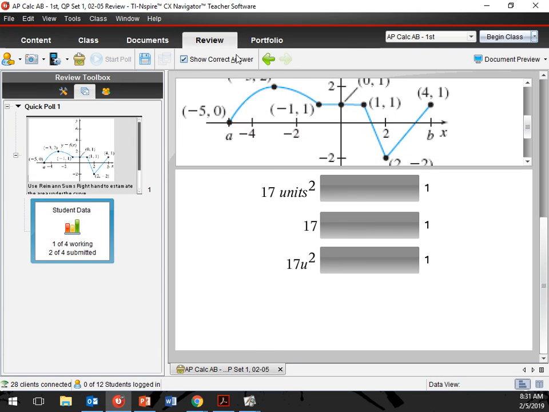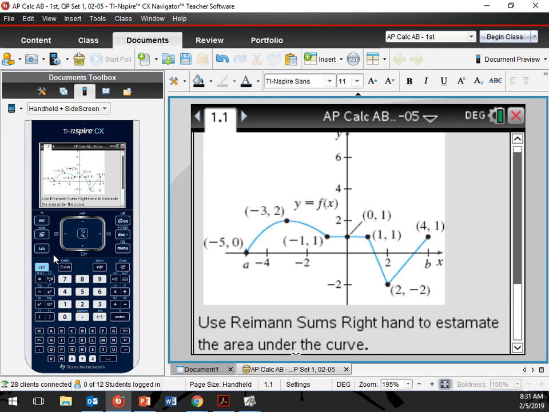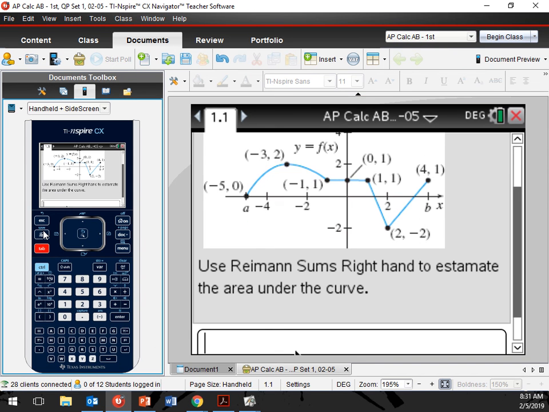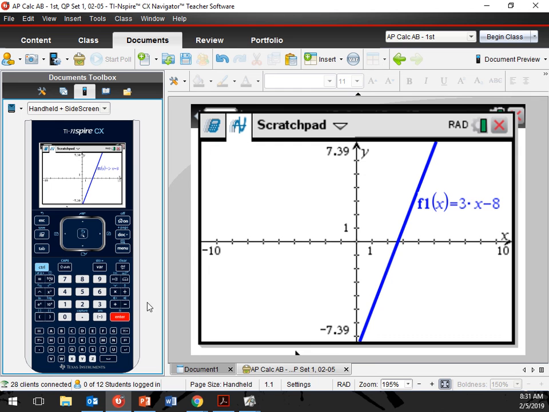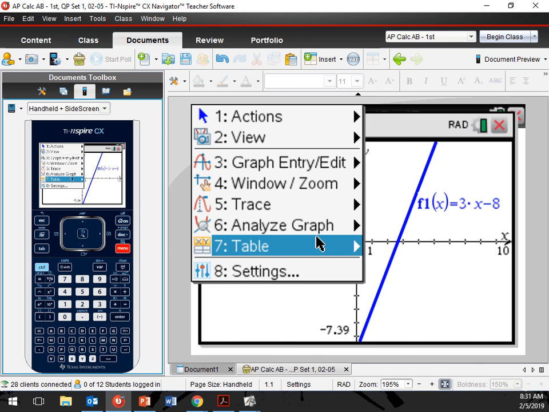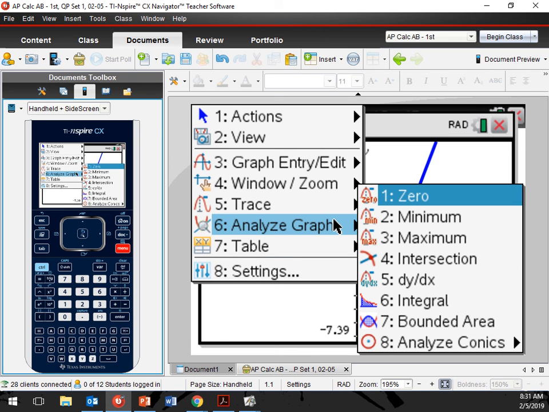3x minus 8. Watch. Let me go to graph here. 3x minus 8. Enter. Ooh, look. And from 0 to 3 is right here, isn't it? Menu, analyze graph.